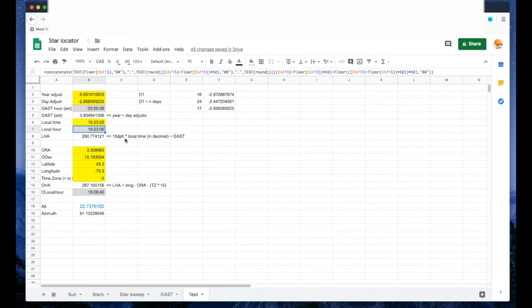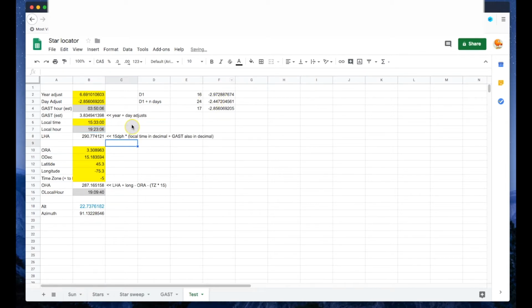And what we do is we take, so the local time is going to be represented as 15.5 something. And then we add that to our 3.83, and then we multiply that by 15, and that gives us 209. So that gives us a local hour angle of 290 degrees.